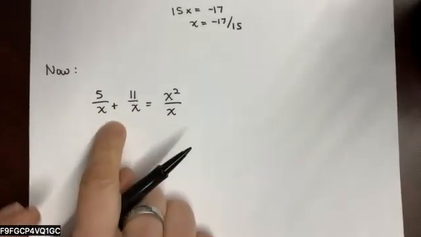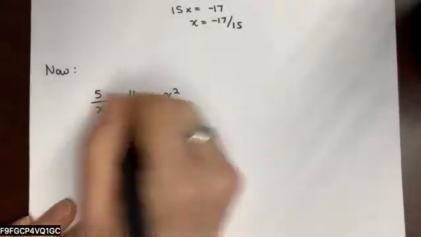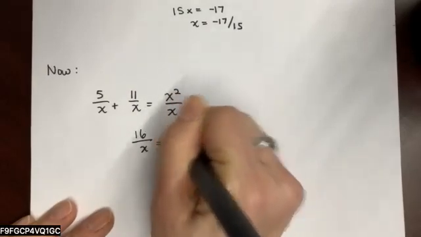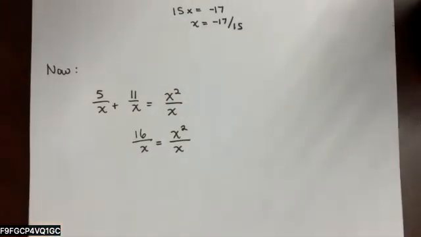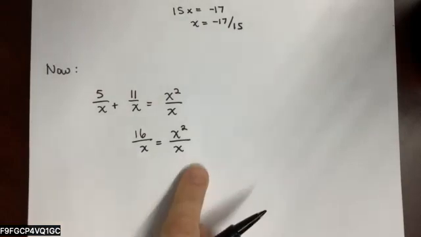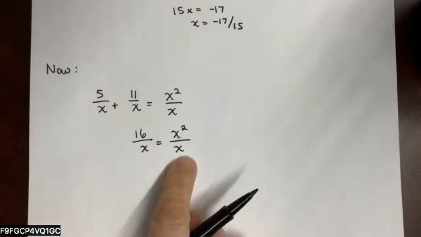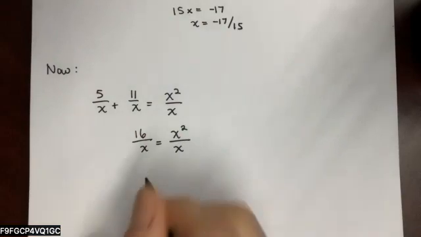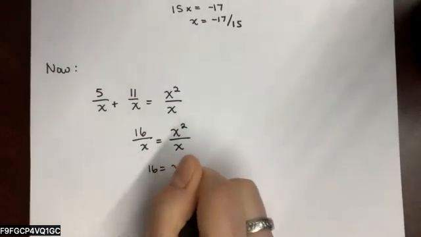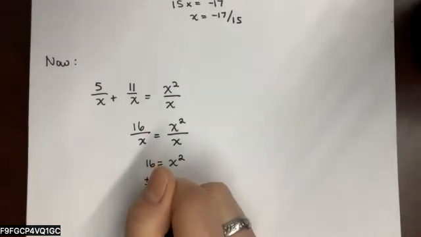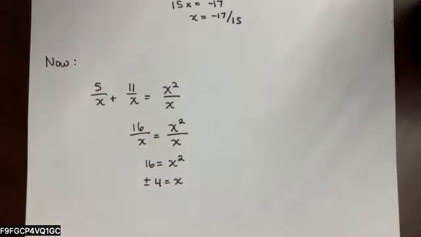Let's go ahead and add. With this common denominator, I get 16 over x equals x squared over x. Both of these denominators say x. If both of these denominators are the exact same thing, then to maintain the equality, the two numerators must be equal. Now, if I solve, I get 4 or negative 4 as my two solutions.